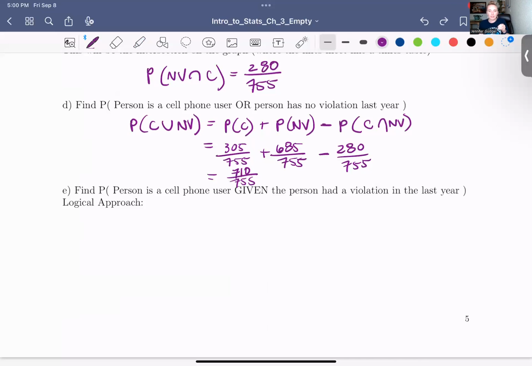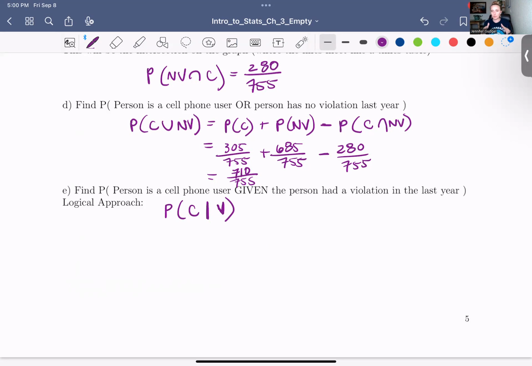If we're given a piece of information, we're told something's definitely true, the probability of selecting a cell phone user given that we know they had a violation. So they definitely had a violation. Then when I'm looking at my pool of people, I'm going to say, hey, everyone who did not have a violation, get out of the pool. I'm narrowing down my search because I know that that given piece of information is true.